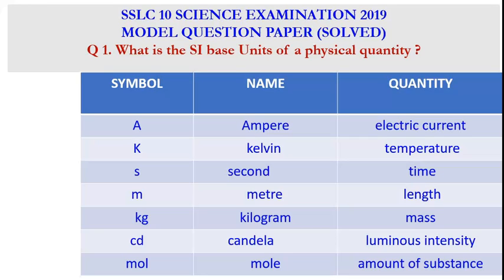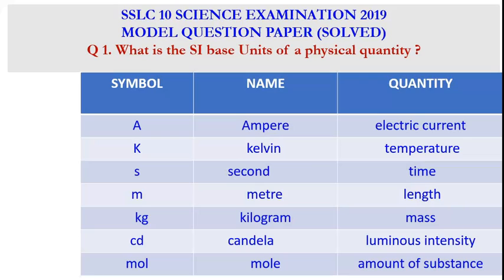If they ask about electric current, you have to mention the name is ampere, symbol is A. If they ask about the quantity temperature, you have to mention kelvin and the symbol is K. Depending upon the nature of the question, naming the physical quantity, you then have to select the answers. All the symbols are not asked at a stretch. They will ask only 1 out of 7. It may be any one among the 7 basic units. Try to follow. I hope you followed.